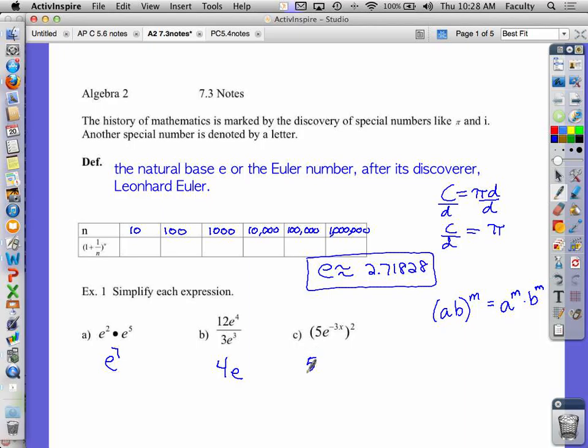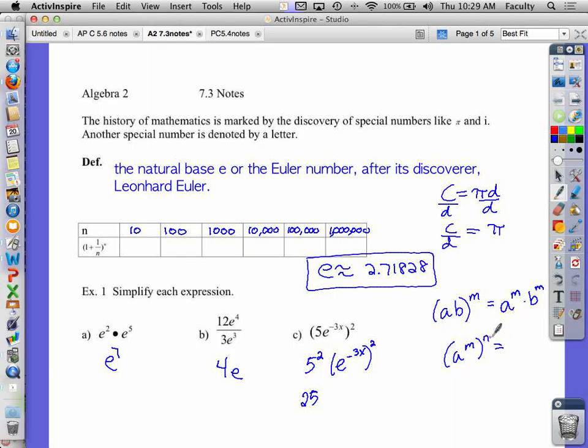So this means you have to remember to take 5 and square it, and e to the negative 3x and square it. Do you guys remember the test where it was like a 3? You did it to the variable, but you didn't do it to the 3, and you were supposed to cube that 3. All right, so that's 25, but now I'm going to use this exponent property in the next piece.